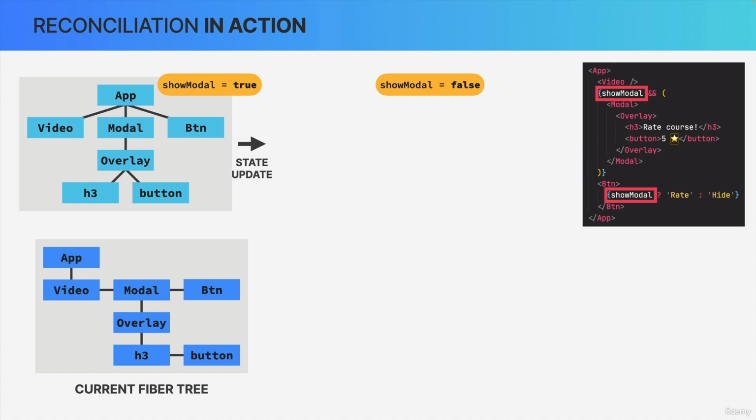This will then trigger a re-render, which will create a new virtual DOM. And in this tree, the modal and all its children are actually gone, because they are no longer displayed when showModal is not true. Also, all remaining React elements are yellow, meaning that all of them were re-rendered. And do you remember why that is?